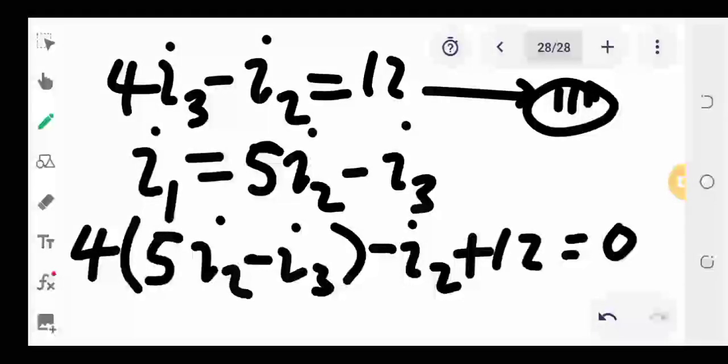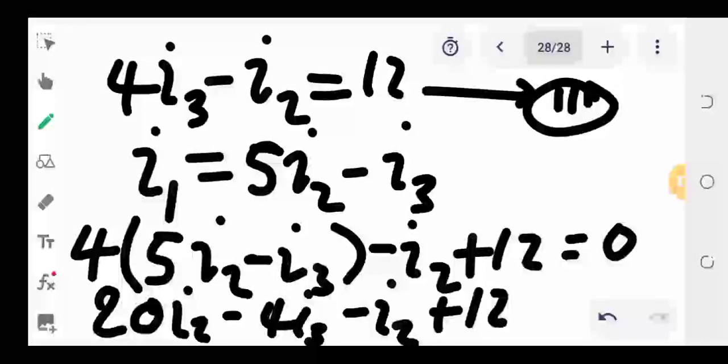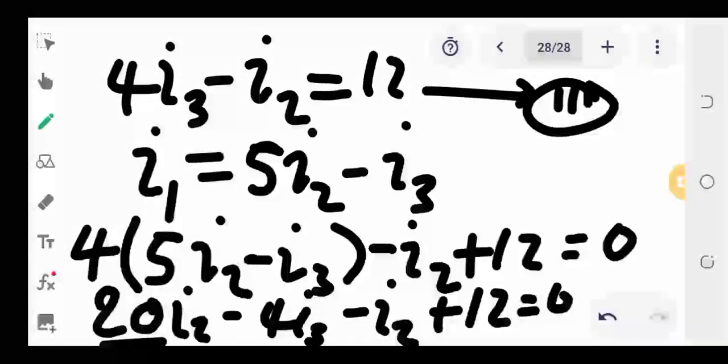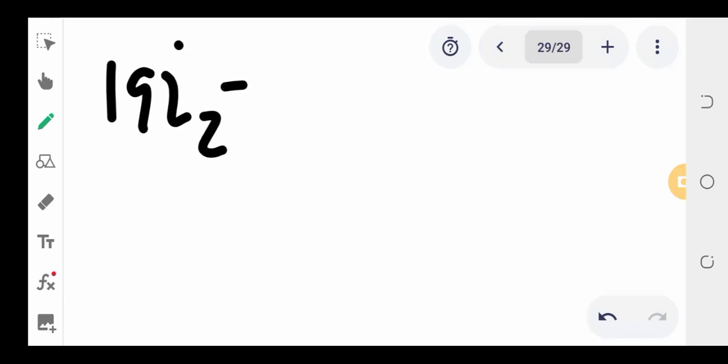So we get 20 I2 minus 4 I3 minus I2 plus 12 equals 0. Collecting the terms, 20 I2 minus I2 gives 19 I2, minus 4 I3.